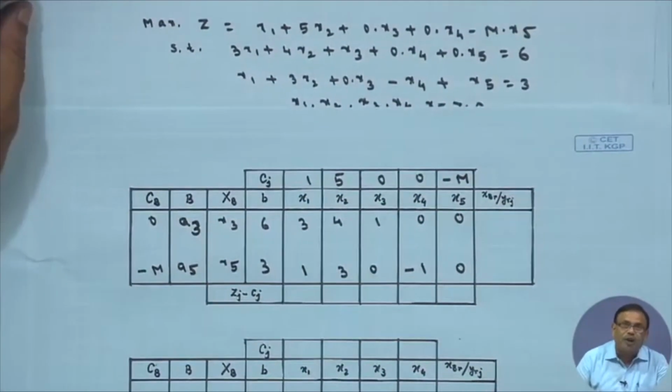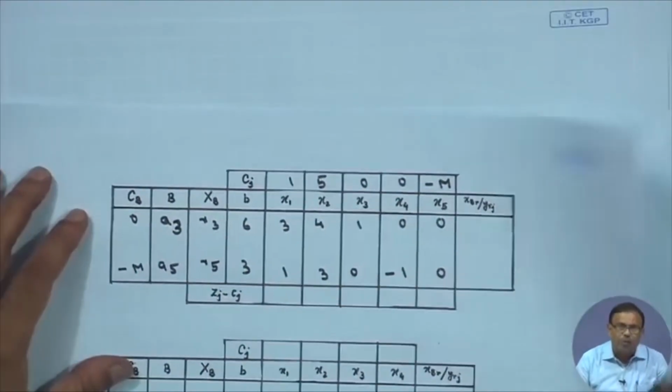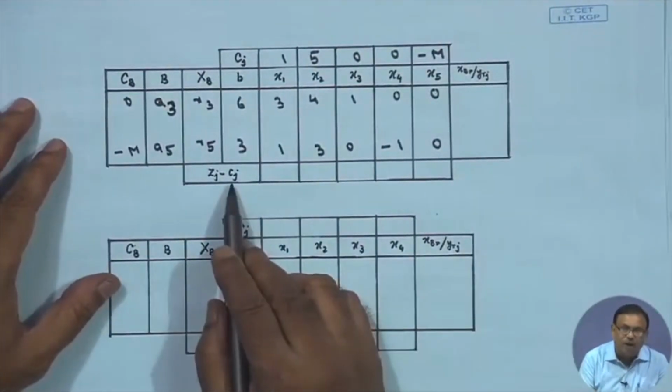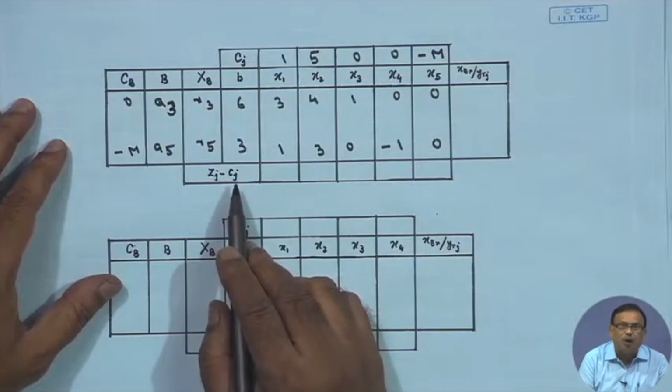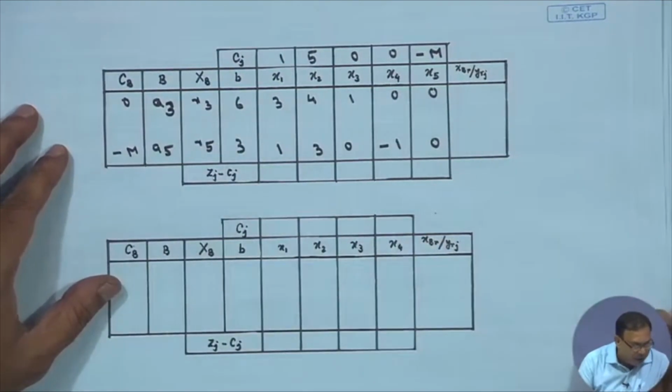So, from the standard form, once you write it in this form, then as usual I will not waste my time here. I have to calculate Zj minus Cj by using the formula Cb into Xb minus Cj, which we have discussed earlier.